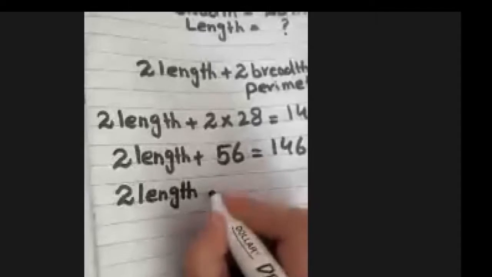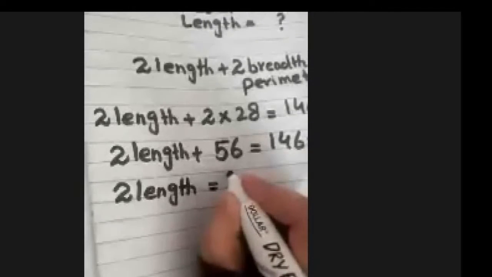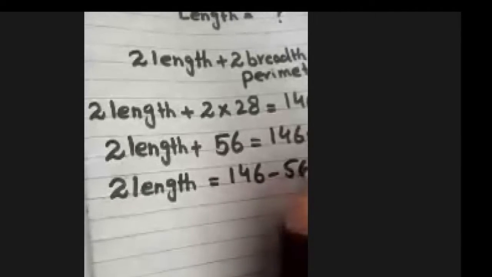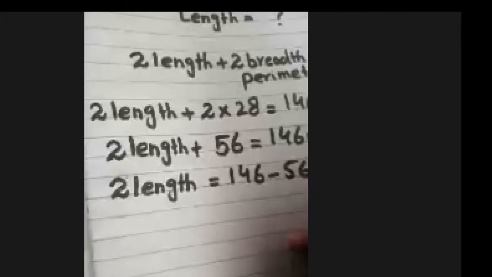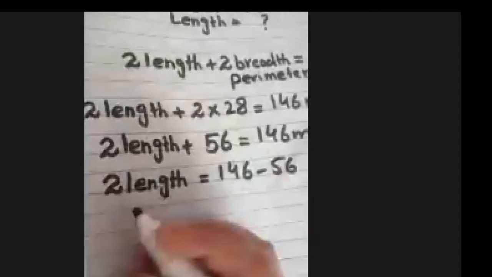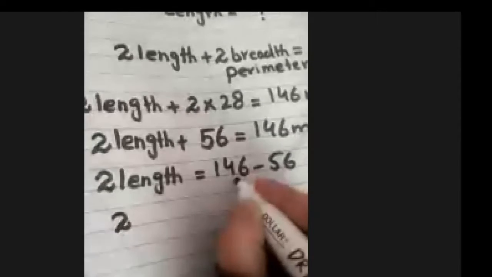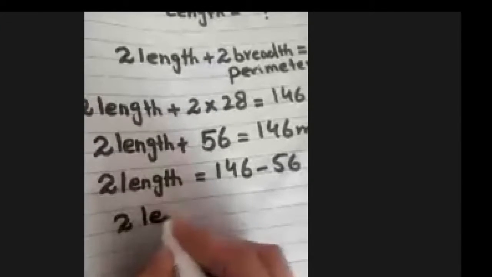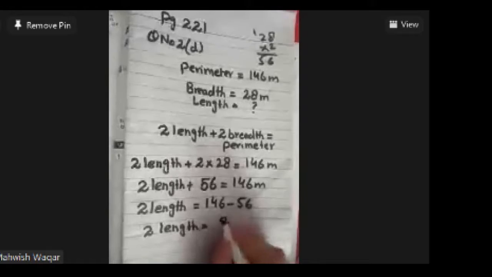Two times length is equals to 146 minus 56. Got it? Subtract 56 from 146 and tell me the answer. If you subtract 56 from 146, what will be the answer? Please tell me, hurry up. It should be 90.